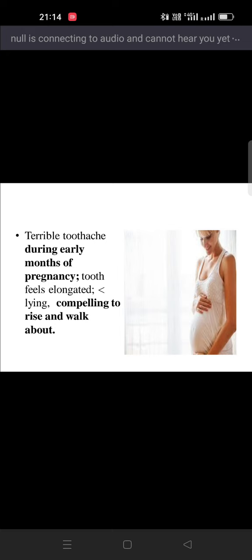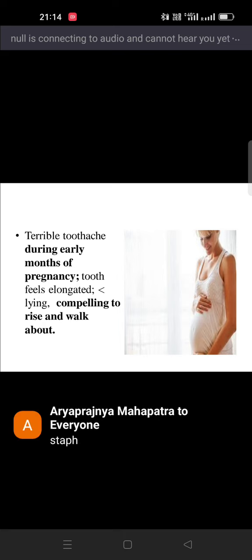Like what we do when we say blow, we draw air into the mouth, and the patient feels better. If drawing air into the mouth provides relief to the patient, that is Mezereum. But if drawing air into the mouth aggravates the toothache, then the medicine is Staphysagria. So again I want to compare with another medicine. Very good, Arya. That is Staphysagria.